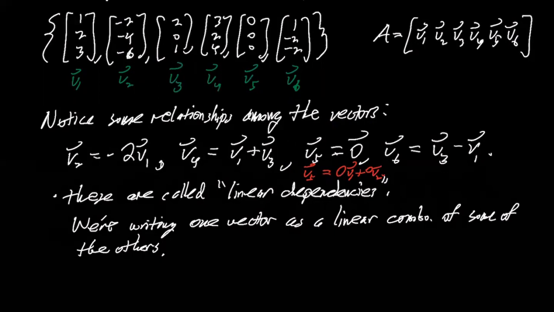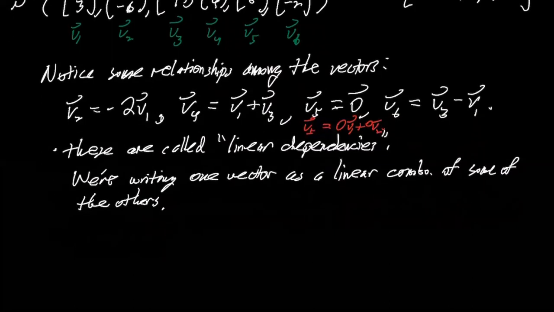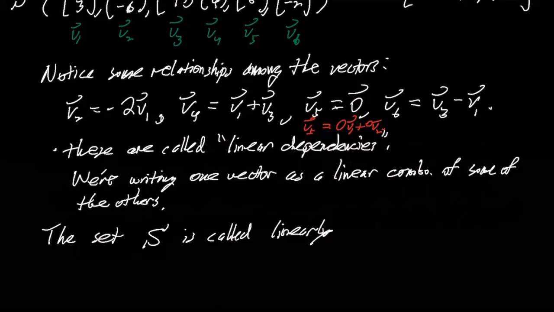And so the 0 vector is sort of special here, but it is treated as a linear dependence. And the set of vectors, if we call this set S at the top, it's not the same S from the previous video, but the set S is called a linearly dependent set because of this.